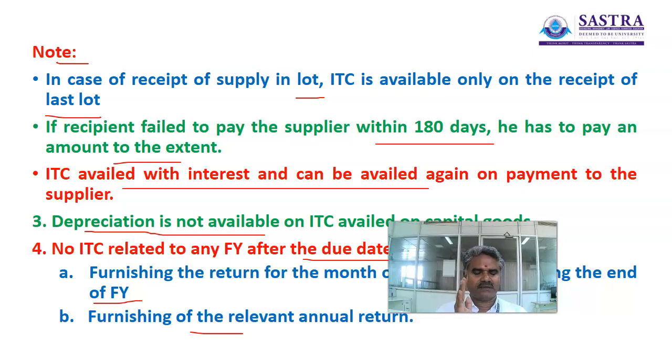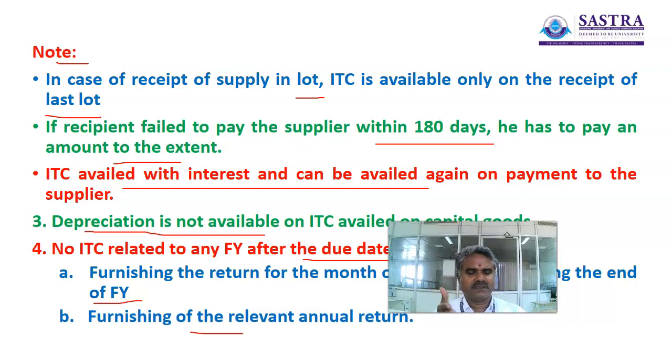You have to file the return. You have to pay the tax, whichever is earlier of the following. At least you have to pay ITC for the month of September following the end of the financial year.